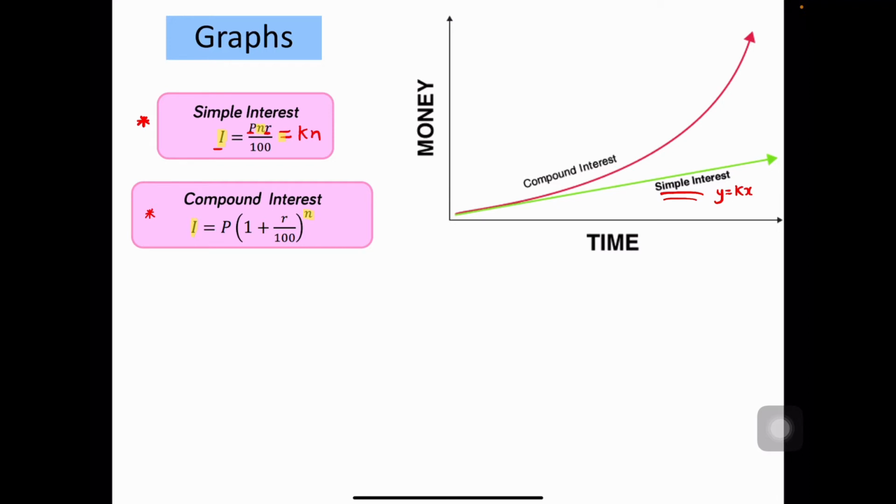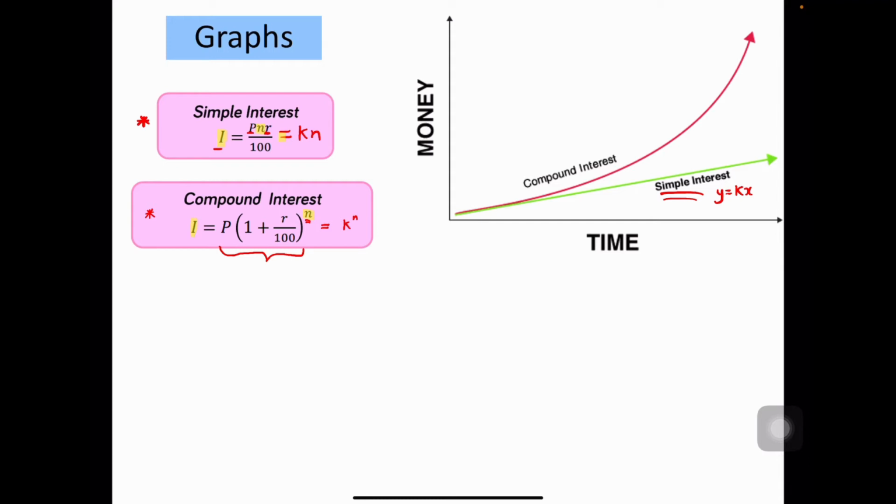The compound interest one is a bit more interesting because this n is clearly an exponent. And so here, if we say this is our k, then it's k to the n.